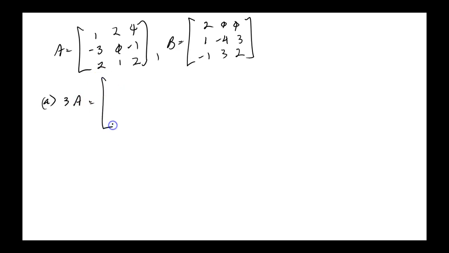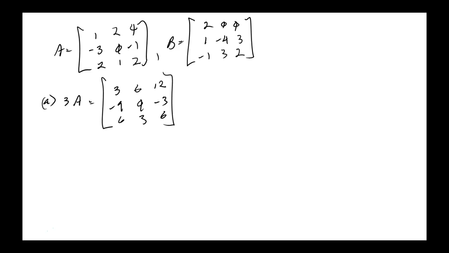The 3A is going to be 3 times every element in A. So that would be 3, 6, 12, ugly 6, okay? -9, 0, -3, 6, 3, 6. All right. That's the A part.